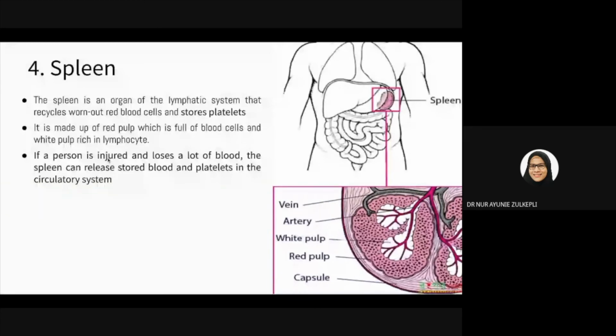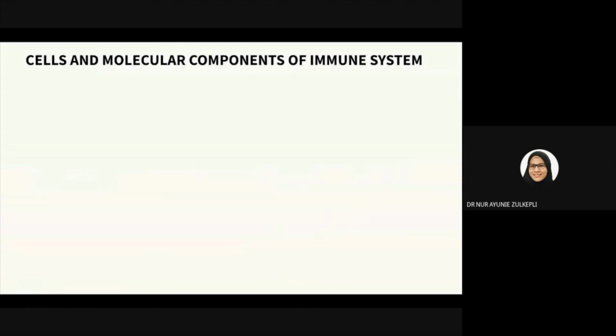If a person is injured and loses a lot of blood, the spleen can release stored blood and platelets into the circulatory system. And not only when the person is injured, but also when the person is infected by a virus or microbes, when it requires your lymphocytes, they will be released out to the infected area.